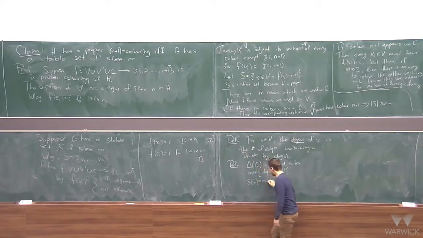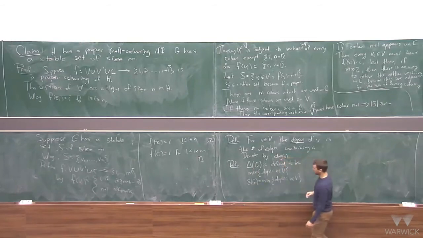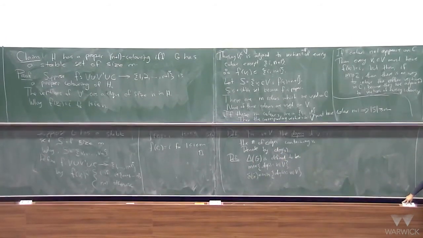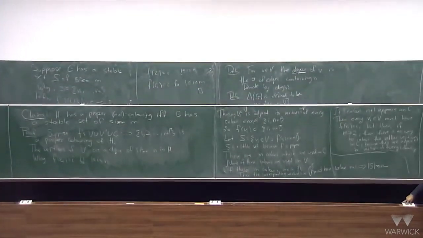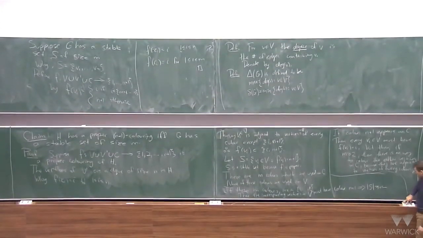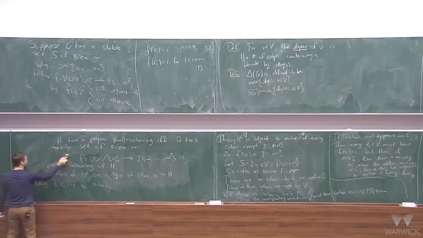It's not going to come up in this lecture, but it's useful to have this notation. So capital delta is the maximum degree, little delta is the minimum degree.